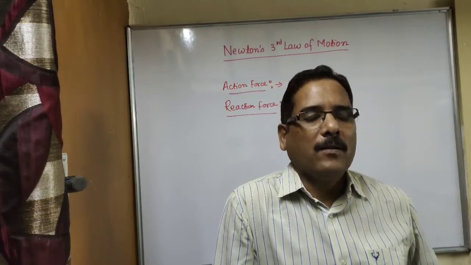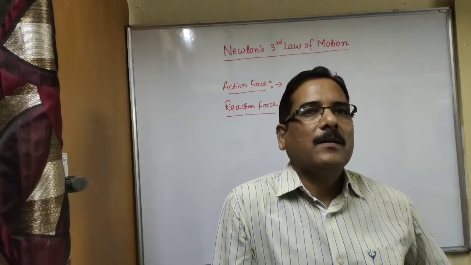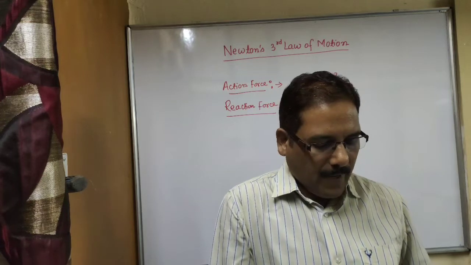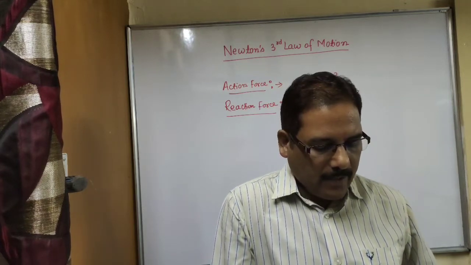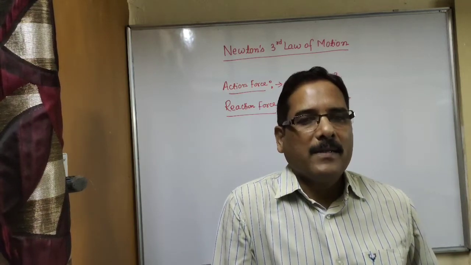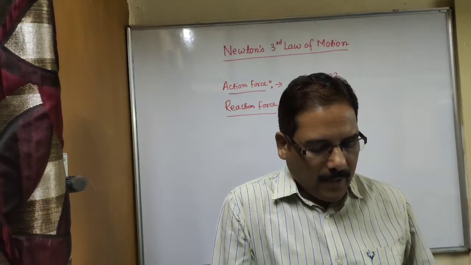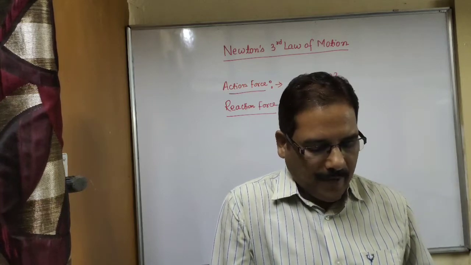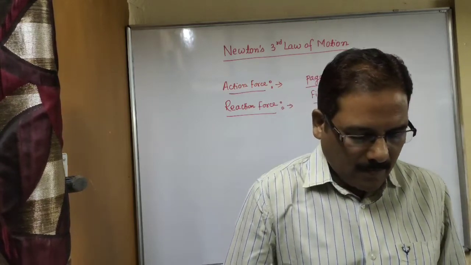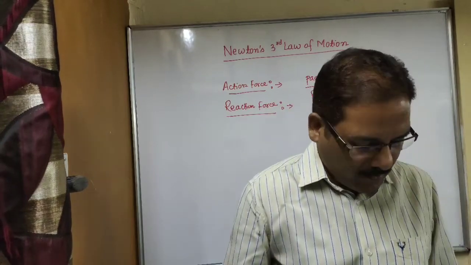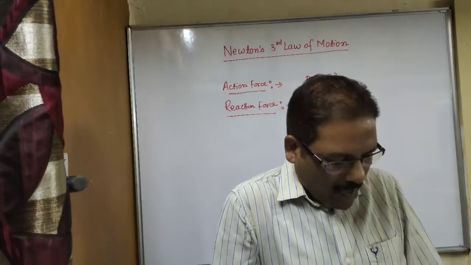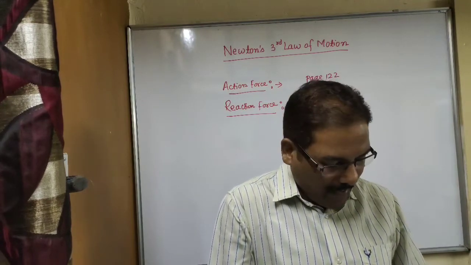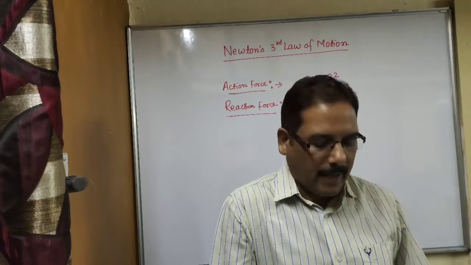Suppose we have fixed a nail on the wall and the hook of spring balance B is connected with that nail, and the other hook is connected with the hook of spring balance A, and the other end of spring balance A has a hook, and we are pulling it with our fingers. So I am reading this example. Concentrate on the book, page 122, left side, second paragraph.